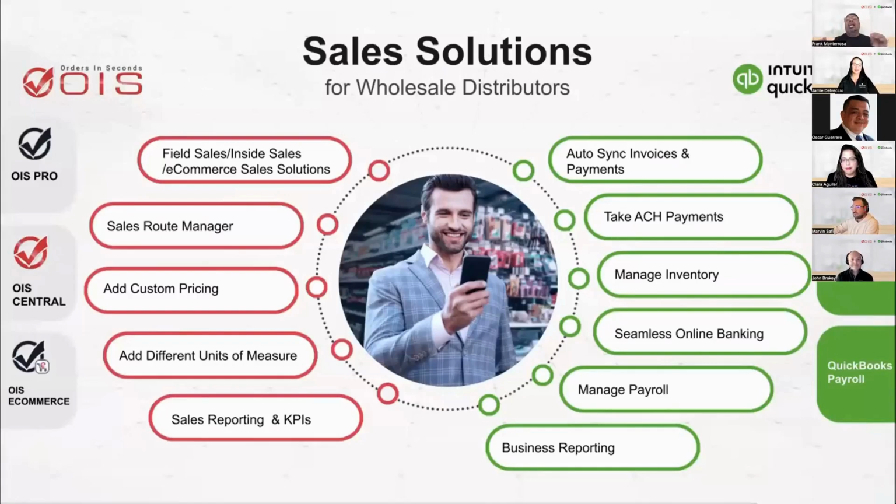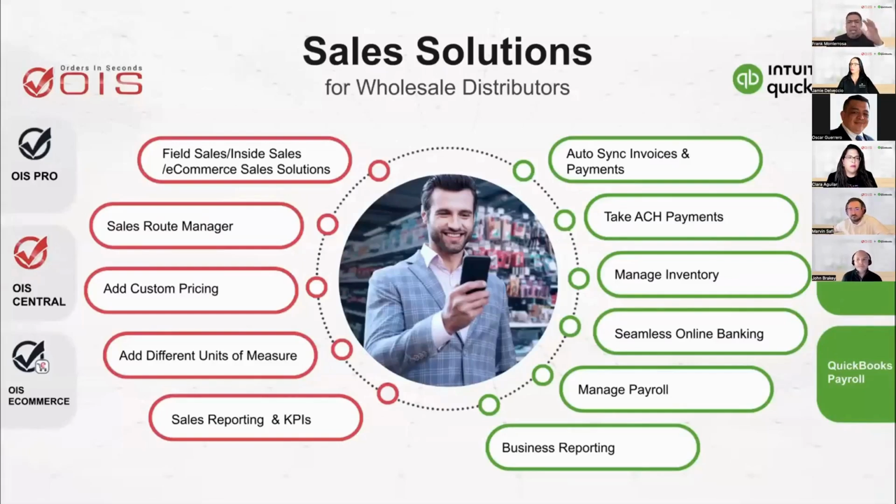Believe it or not, it is still happening in the distribution industry. So what we do in that case is we have what we call the central system. The central system basically is inside sales, where you can have your team getting all those orders from those different channels and creating those transactions directly from a CRM system.